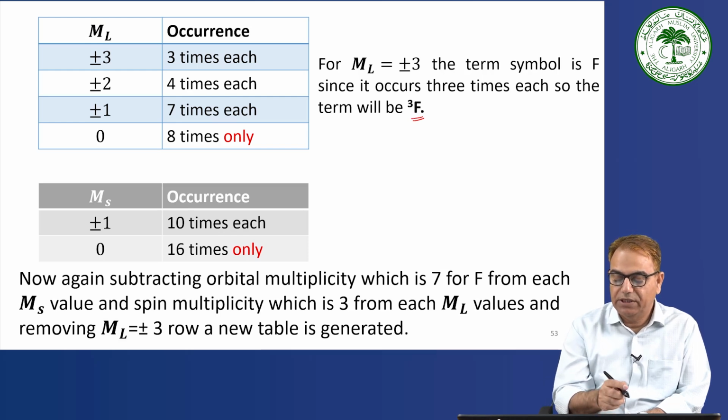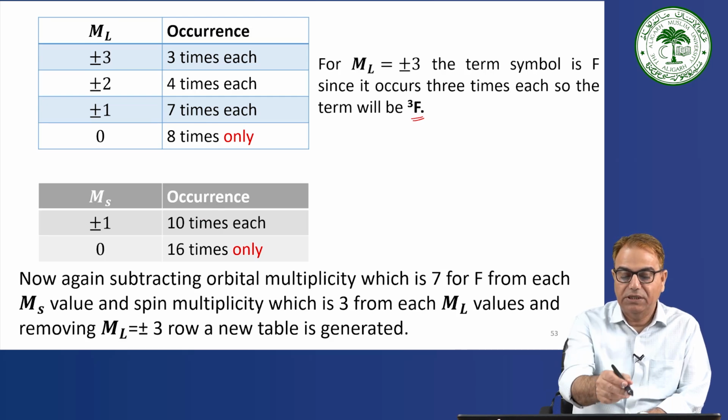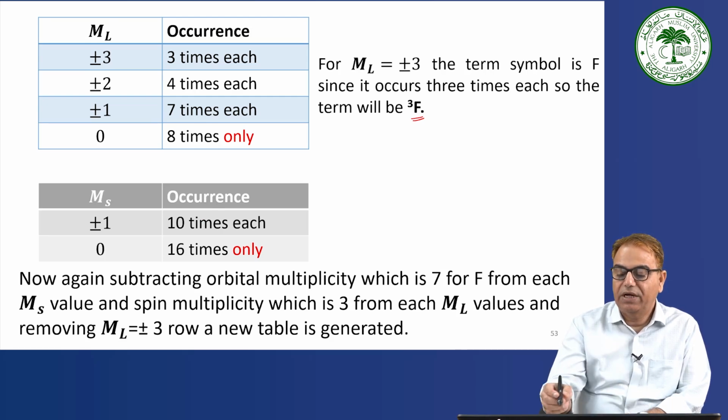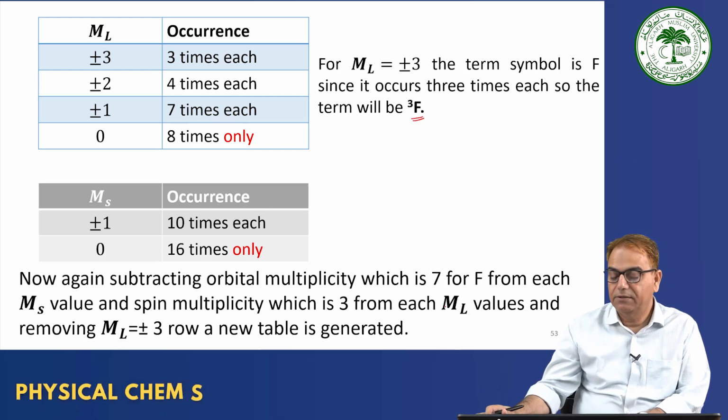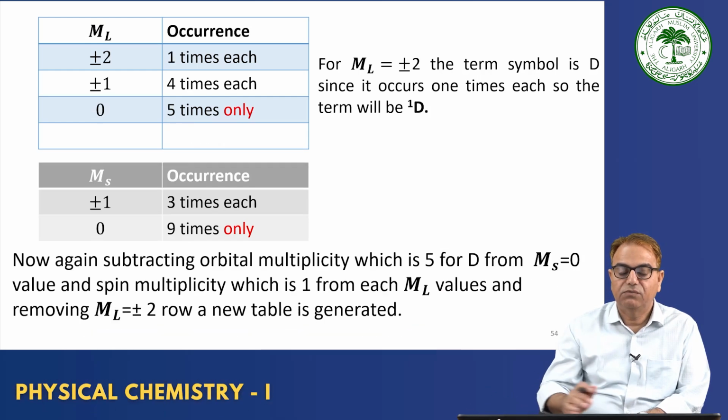That 7 you deduct from the ms occurrence, and from the ml values you deduct the spin multiplicity 3 from each. If you deduct 3 from each ml value, this is what you get.